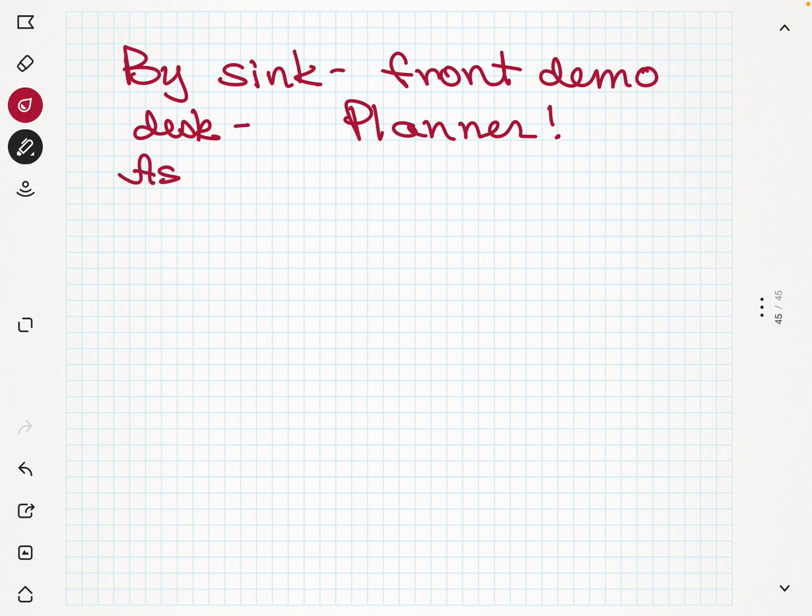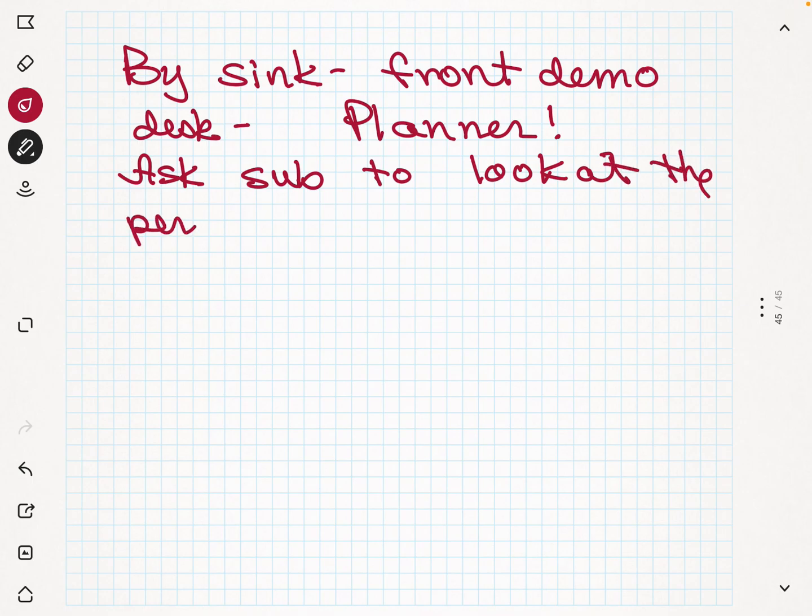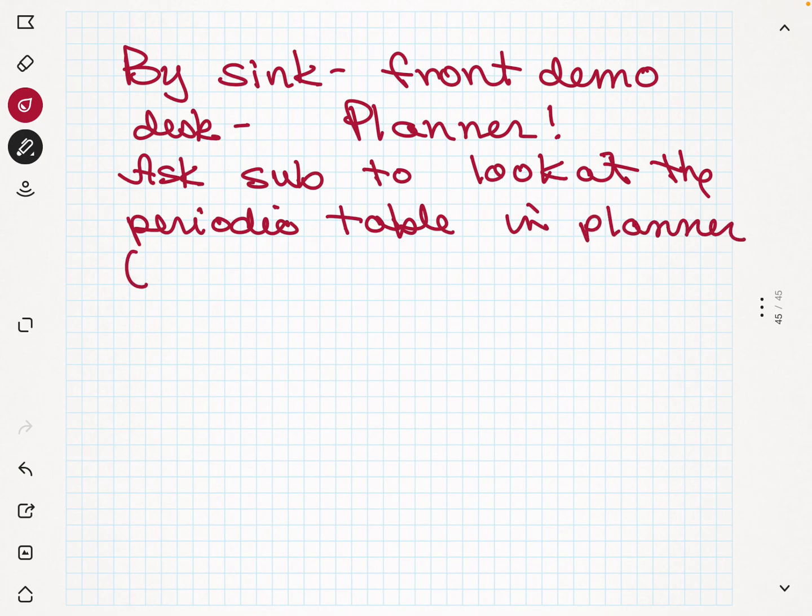You could ask the sub to look at the periodic table in the planner. It's in the back.